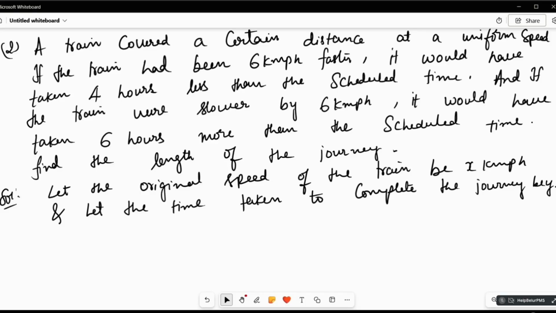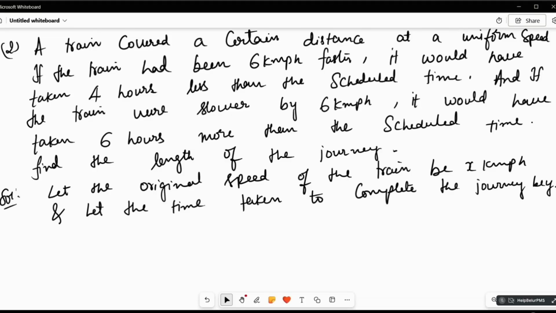See here what the question they have given is: a train covered a certain distance at a uniform speed. So let the speed be x and the time taken for that distance be y. Now, if the train had been 6 kilometers faster, think if the train is going at 30 kilometers per hour, it will go 6 faster, so it will be 36, that is 30 plus 6.